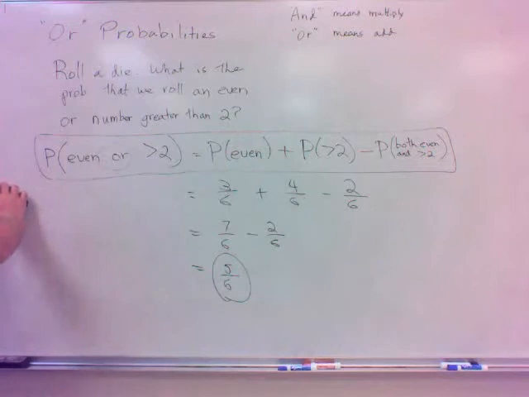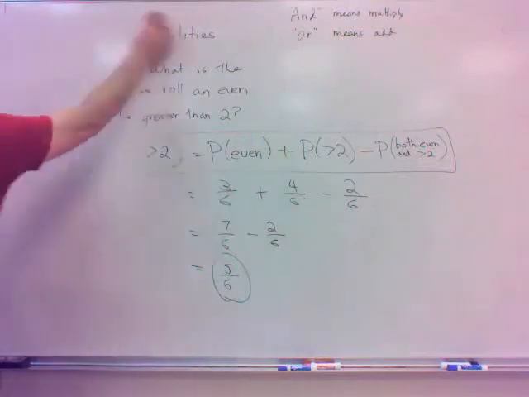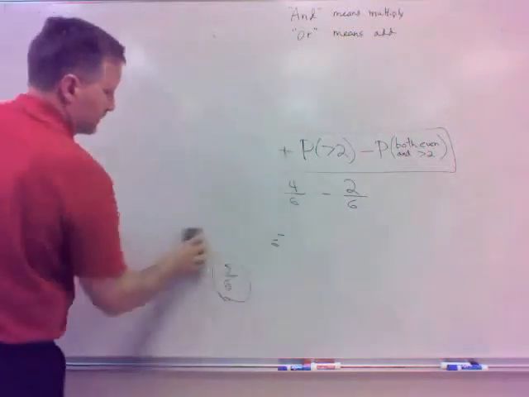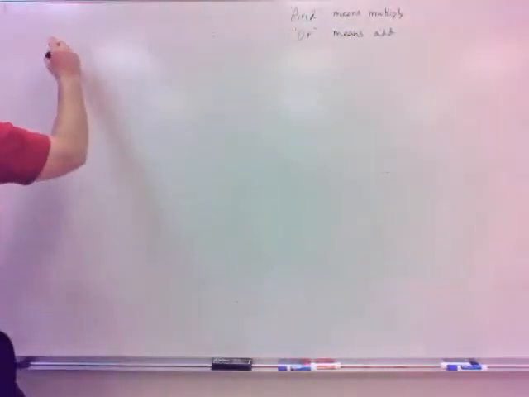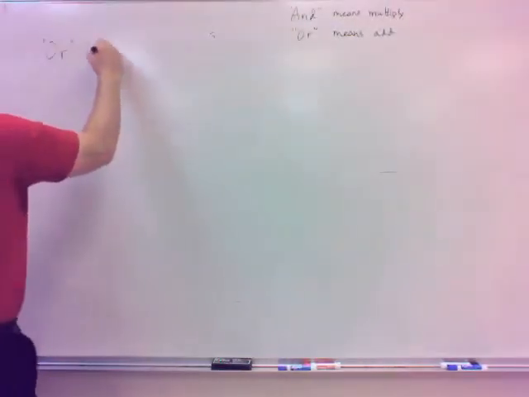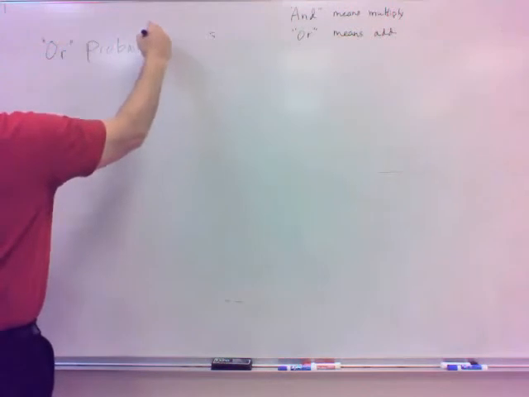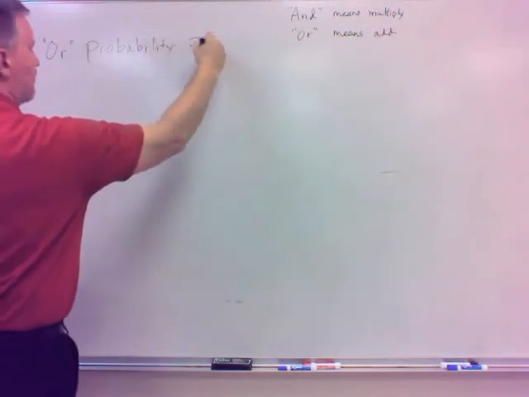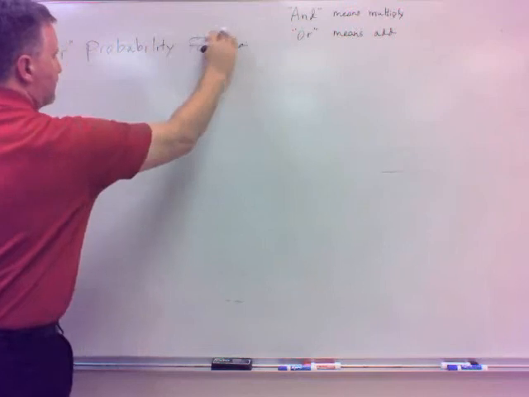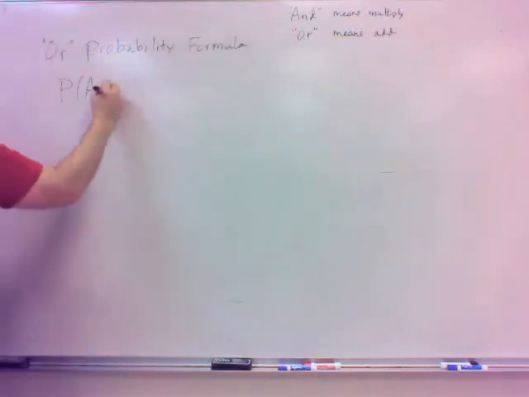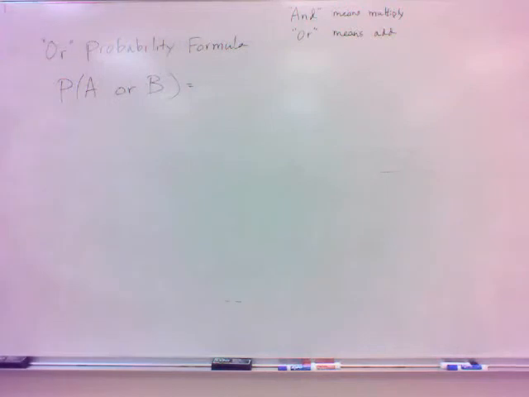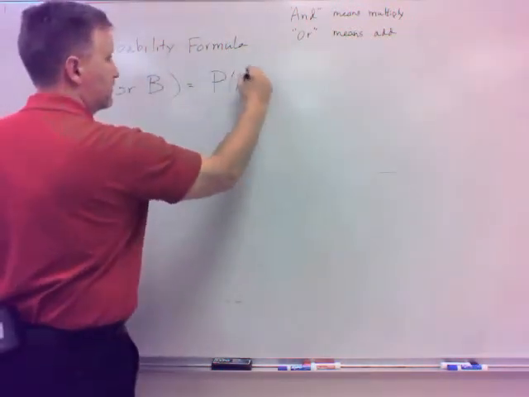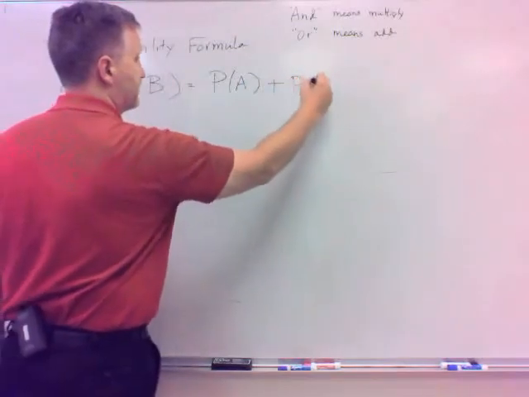Well, here it is in general. Let me write it in general. The OR probability formula right here. If it's the probability of A or B, 2 events there, we're doing OR of them. How does it work? Well, it's the probability of A plus the probability of B, right?